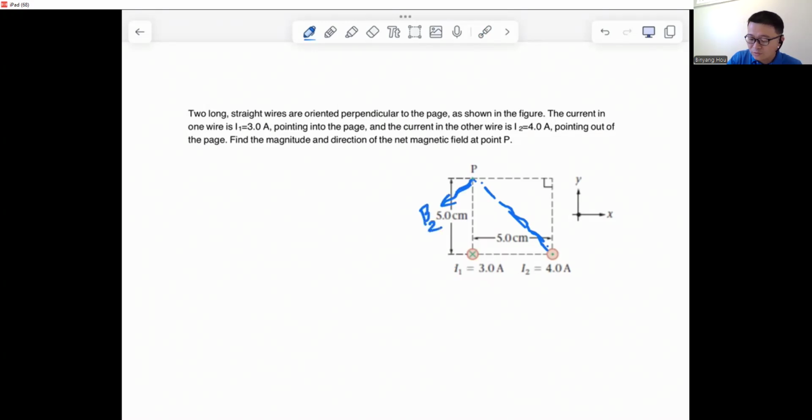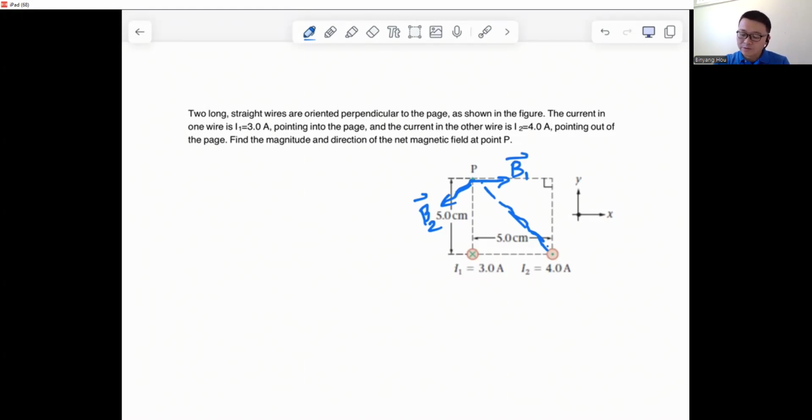This is number 2, so let's call that B2. The other one, I1, is pointing into the paper, so you curl your fingers in this direction, and the B field is in this direction here. This is B1. So B1 and B2 will add up.